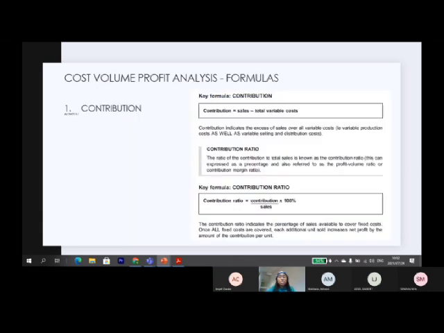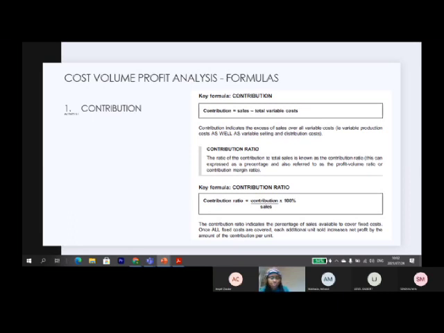The formulas that you need to know by heart start with contribution. How do you define contribution? Contribution is your sales minus your variable cost.